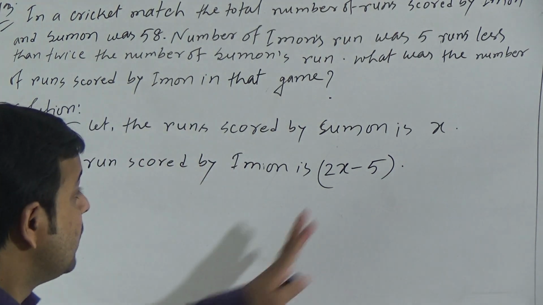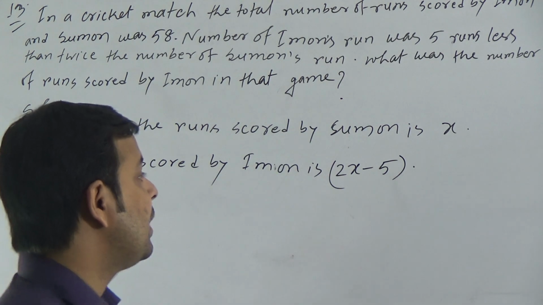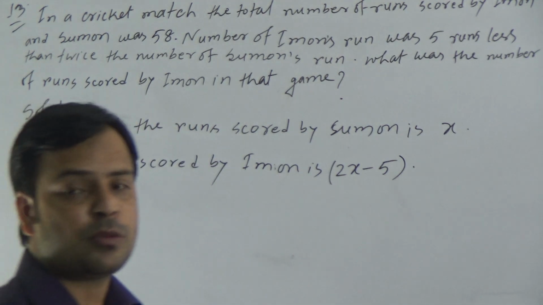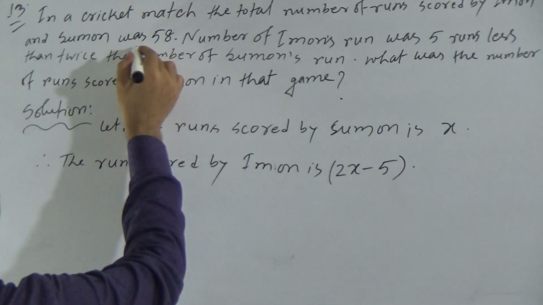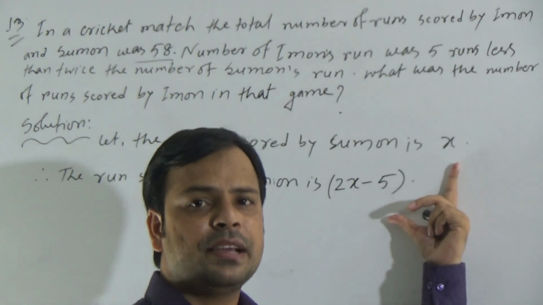Now this is the run of Shumon and this is the run of Imon. If we add these two, we will get the total run of Imon and Shumon. This total run of Imon and Shumon is given, that is 58. So we can say the sum of these two is 58.